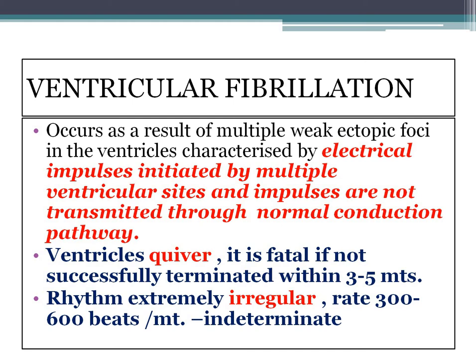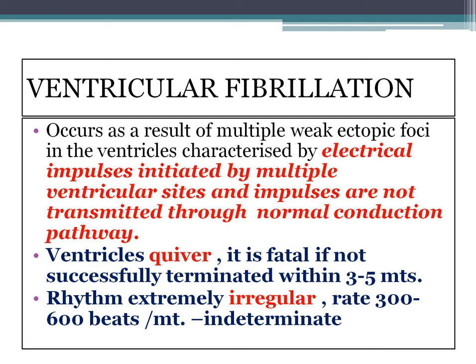The electrical impulse has to start from SA node. In this case, what happened? The electrical impulse initiated by multiple ventricular sites and impulses are not transmitted through normal conduction pathway. The ventricle quivers and it is fatal if not successfully terminated within 3 to 5 minutes. The rhythm is extremely irregular and rate is 300 to 600 per minute or indeterminate.